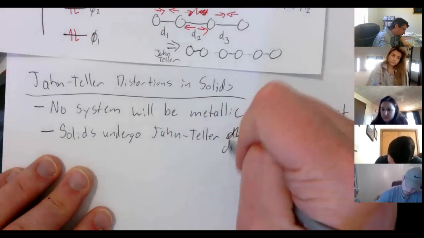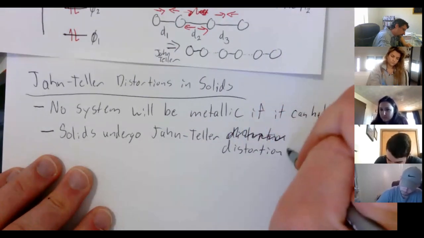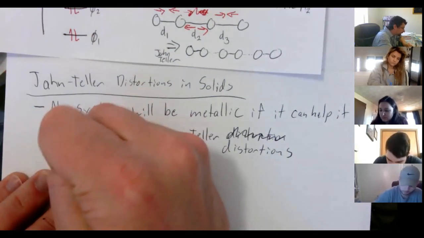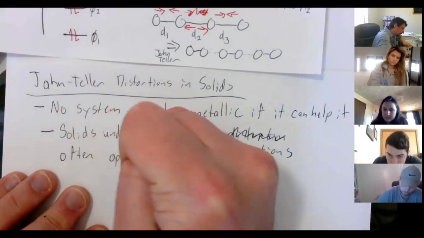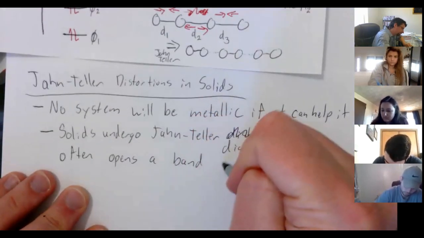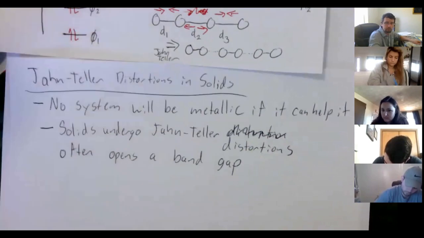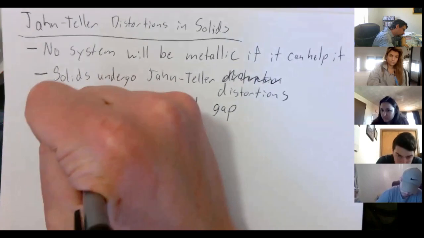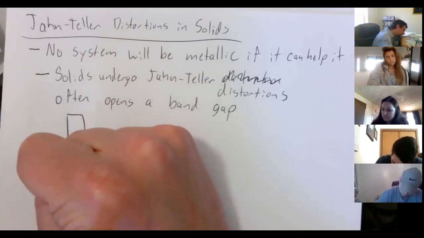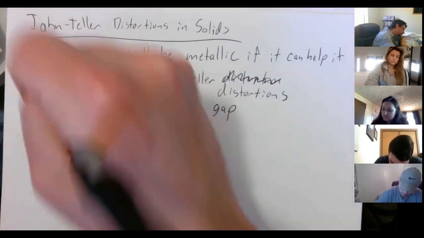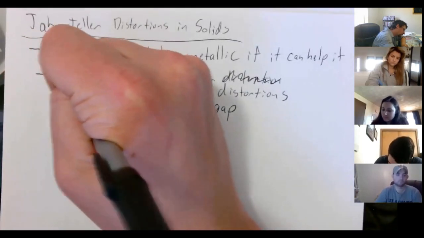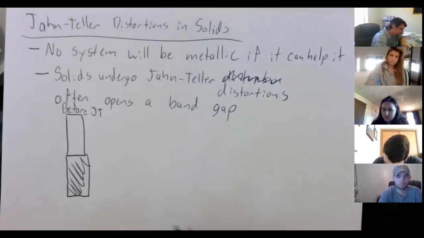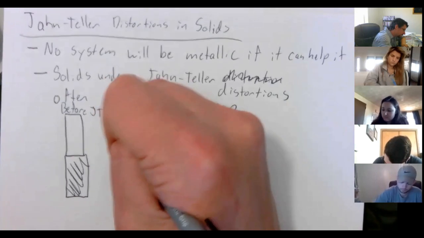I'll try that again. They undergo distortions, and it often opens a band gap. So if we go back to more of our primitive drawings where we have a band structure like this from before, a Jahn-Teller distortion distorts it.